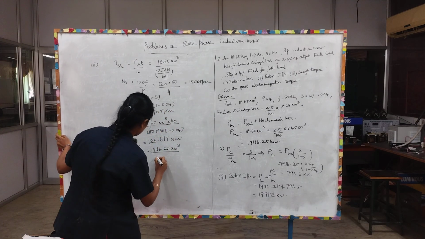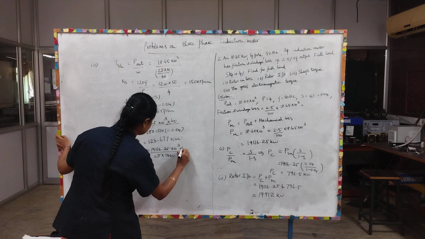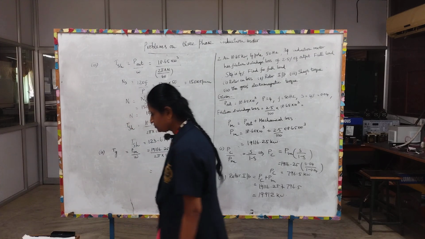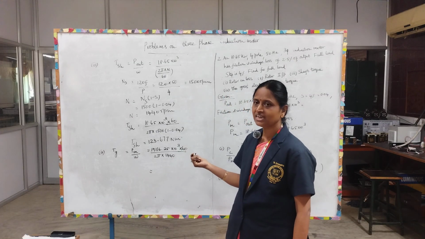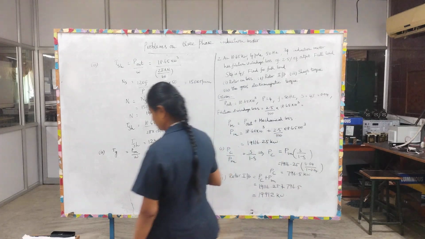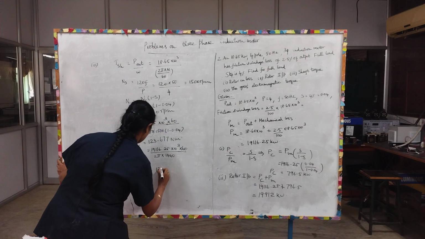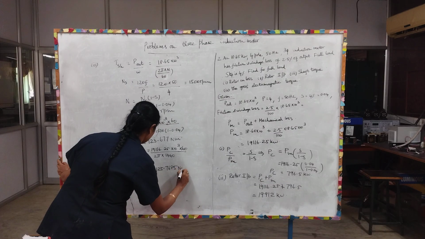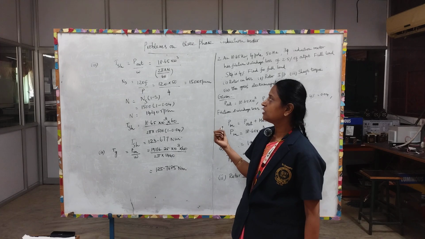So 2 pi into 1440 divided by 60, that is nothing but the gross torque. So after substituting we will be getting the gross torque, which is given by 125.7685 Newton meters. So it is the gross torque value.